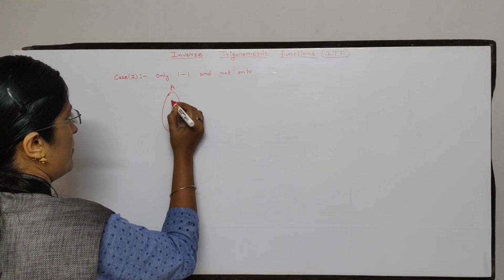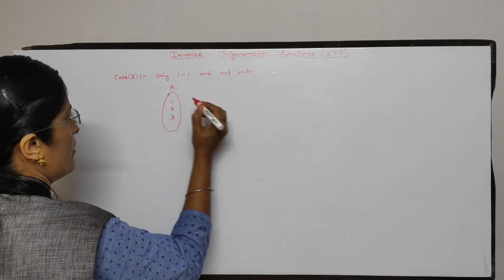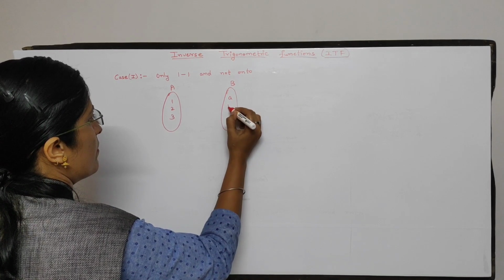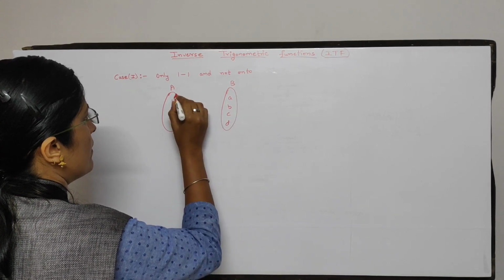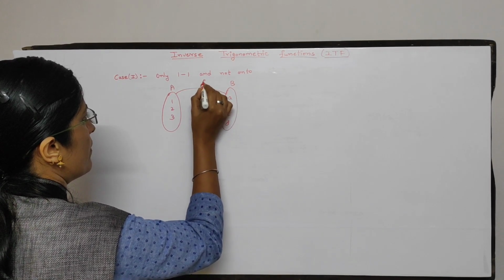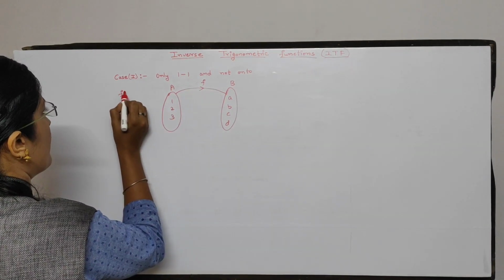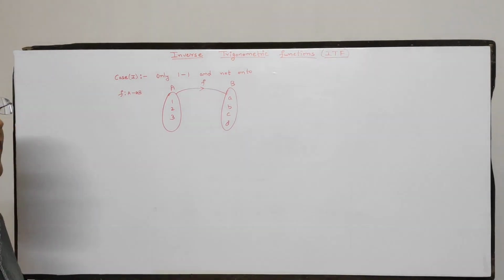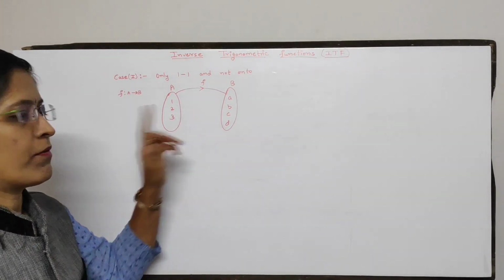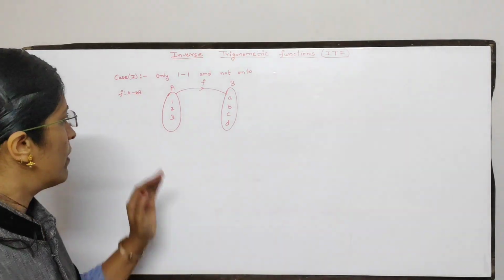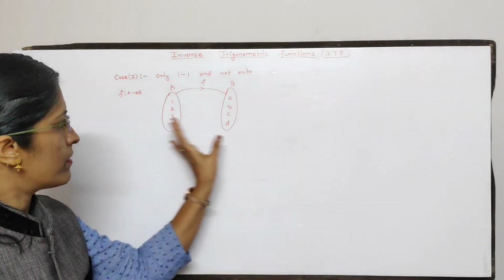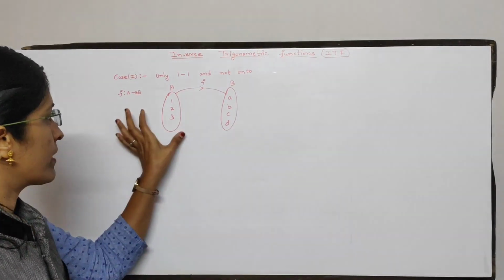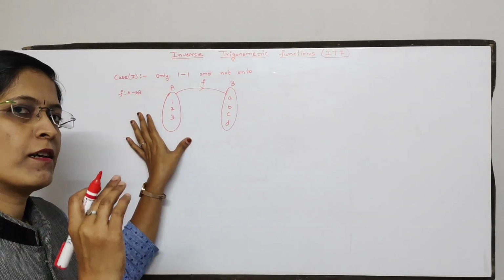Suppose A is a set and we have B, C, D, and this is our function F. F is a function from A to B. Now if our function is a 1-1 function, what is the condition? This is hostel boys and this is hostel rooms. Now our condition is that all the boys should get a room.